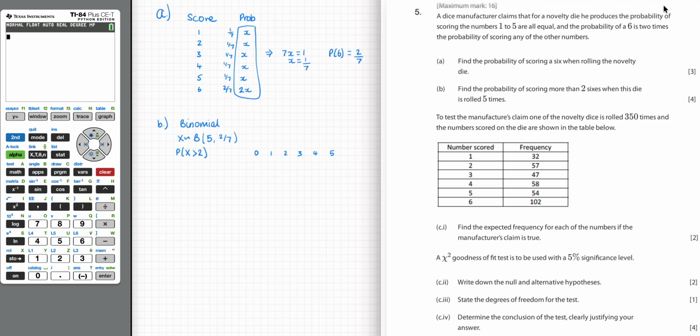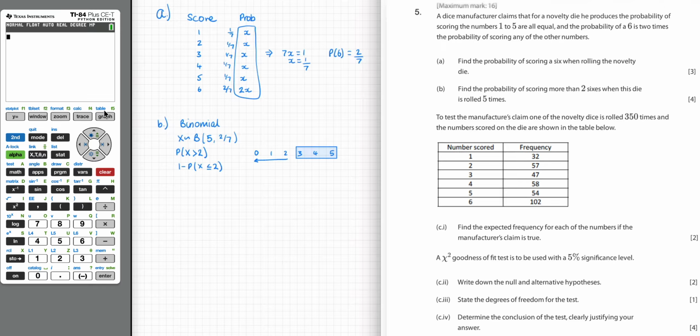I'm rolling it 5 times. I'm interested in more than 2 times. So I'm interested in 3, 4, or 5 times. So when I type it into my calculator, I need to do 1 minus the probability that x is less than or equal to 2.